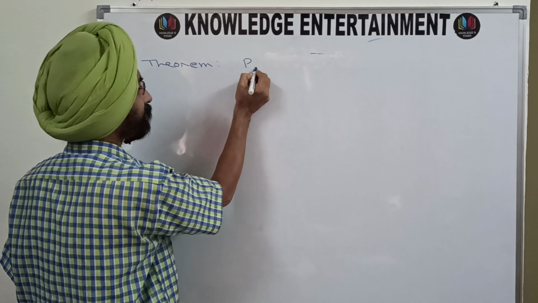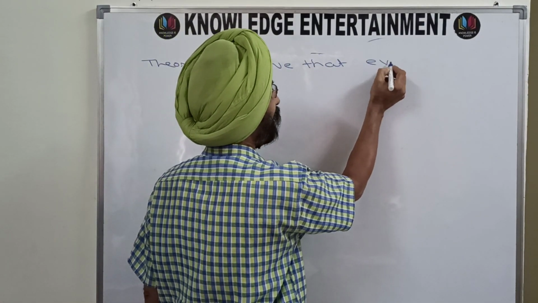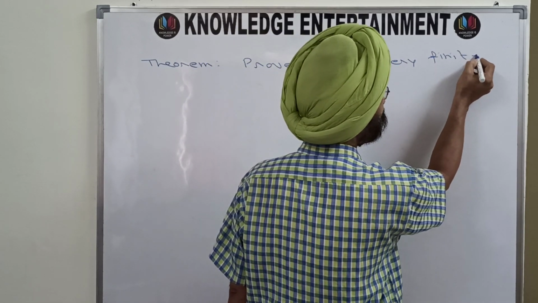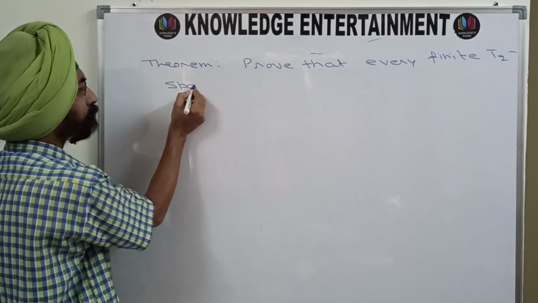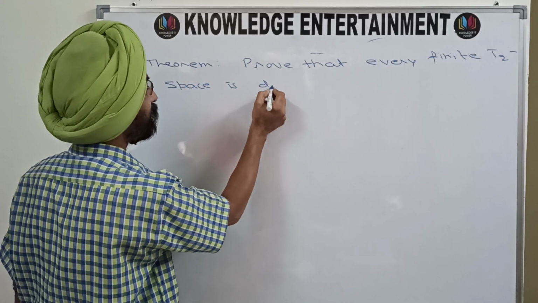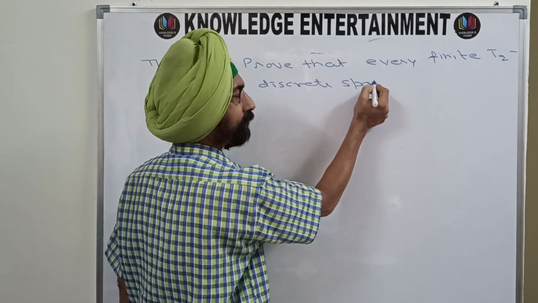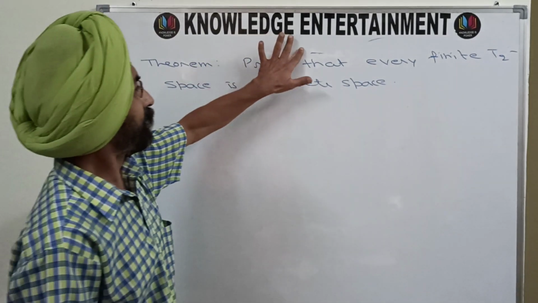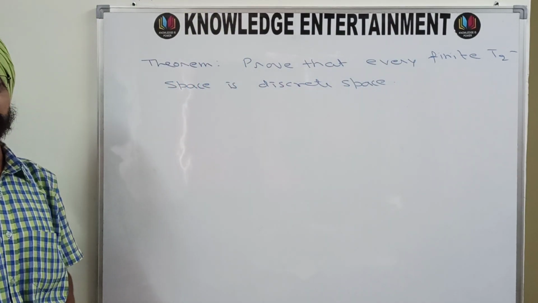Prove that every finite T2 space is a discrete space.